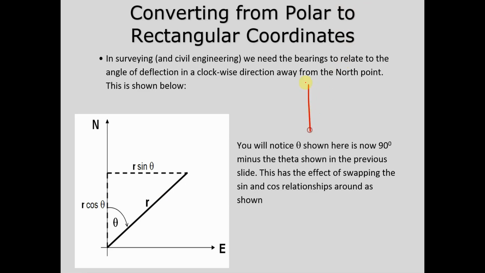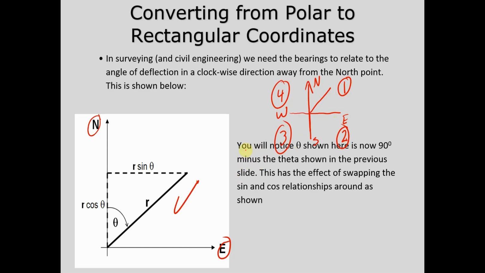We said this is north. If that's north, that's south. If that's north, that's east. Always north, east, south, and west. The line I was describing in here, it's located here. If you notice, it's in the first quadrant between the north and the east. It's very important that we are clear on the first, second, third, and fourth quadrants.